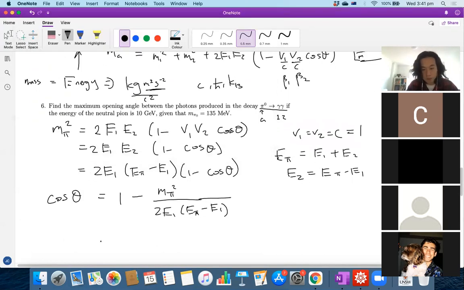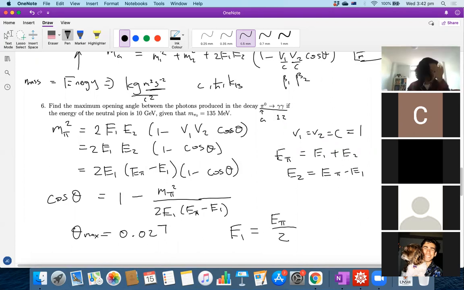That tells me that theta max is equal to 0.027, and it happens when E1 is equal to E pi divided by 2. So the maximum angle happens when the two photons split the pion energy perfectly and go their separate ways. That makes sense because if they both have the same energy, then it's symmetric, and then they open up the largest angle between them.